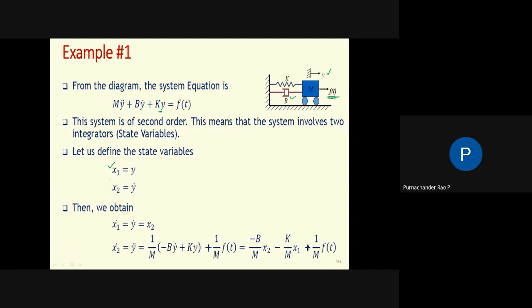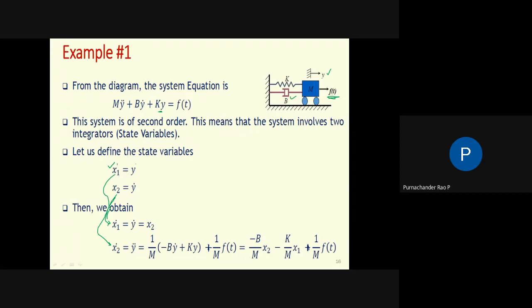And then immediately after writing x1 and x2, you need to write up the differentiation. So x1 will be x1 dash, and x2 will be x2 dash. So what is x1 dash? X1 dash is equal to y dash.